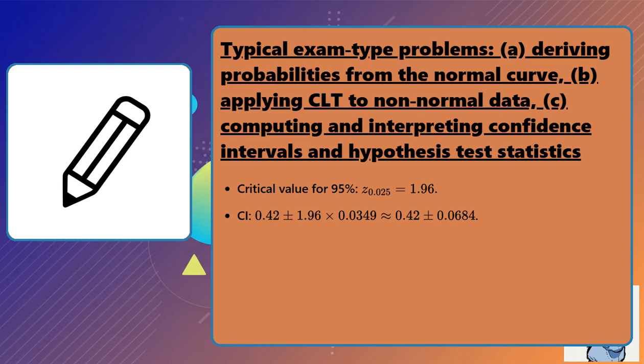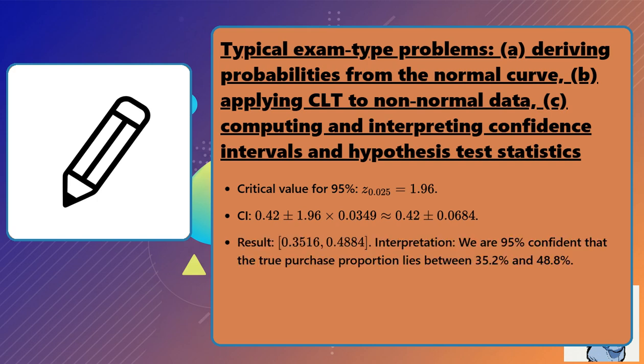Confidence interval equals 0.42 plus or minus 1.96 times 0.0349, which is approximately 0.42 plus or minus 0.0684. The resulting interval is from 0.3516 to 0.4884. We are 95% confident that the true purchase proportion lies between 35.2% and 48.8%.